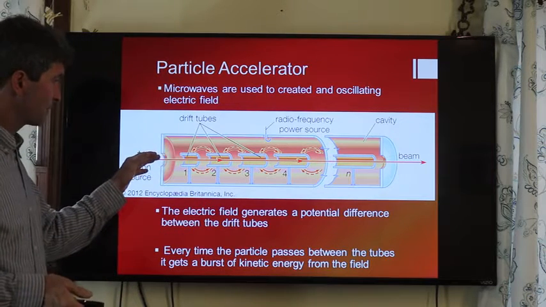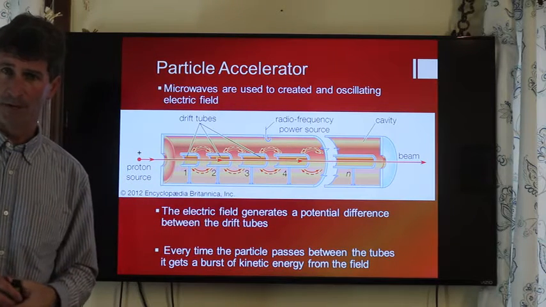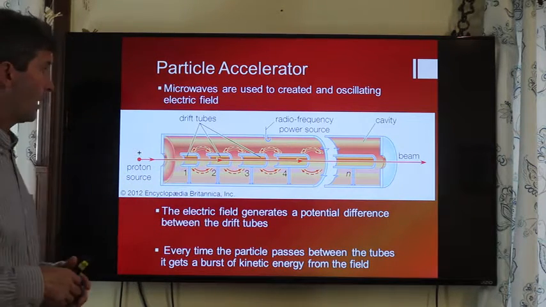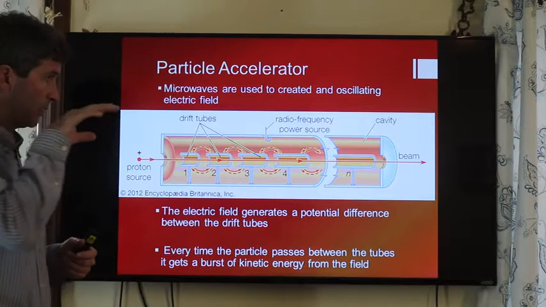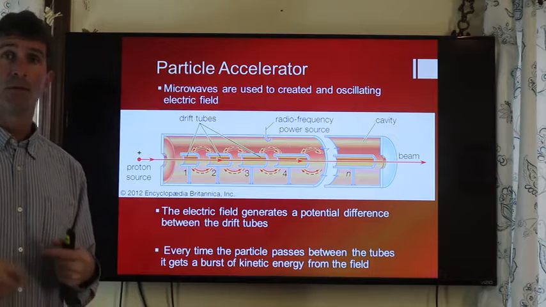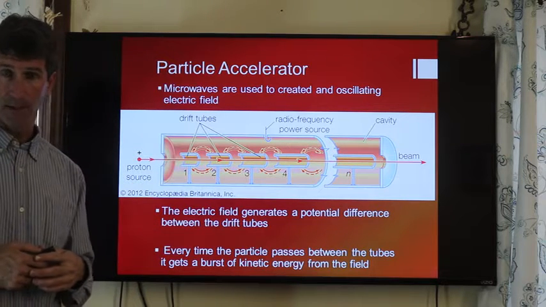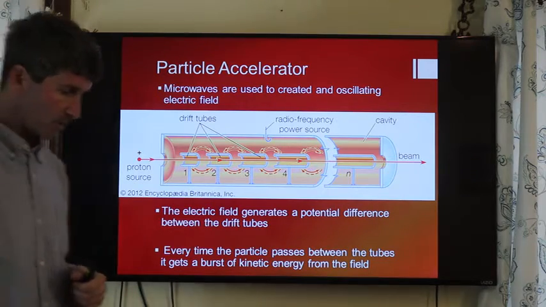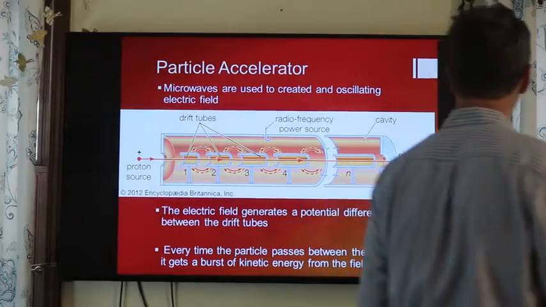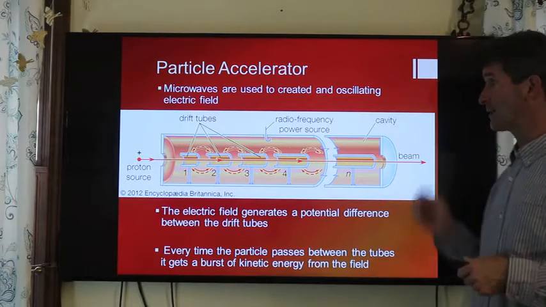So in between the drift tubes, this proton is getting another kick to go faster and faster and faster, where every time our microwaves are pointing in the positive x direction, there's a potential difference between one end of the tube and another end of the tube. And that gives the proton, whatever particle we're accelerating, more and more kinetic energy as it goes down the beam.